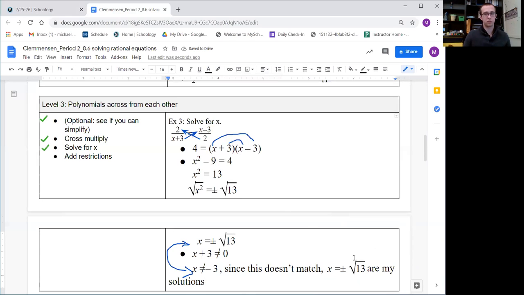Notice that there's two different solutions right here. It's not just one. Plus and minus means two, both positive and negative. Are there any questions on level 3 before we move on to our hardest level, level 4?